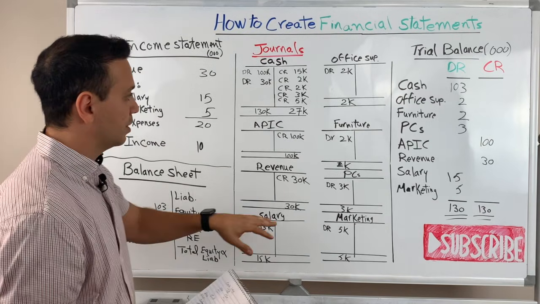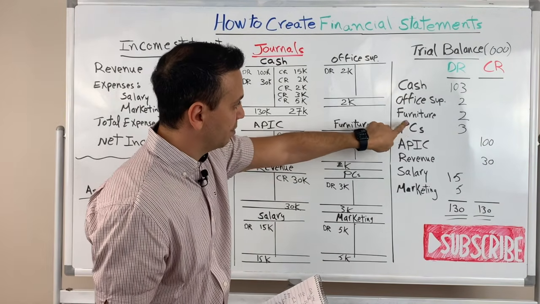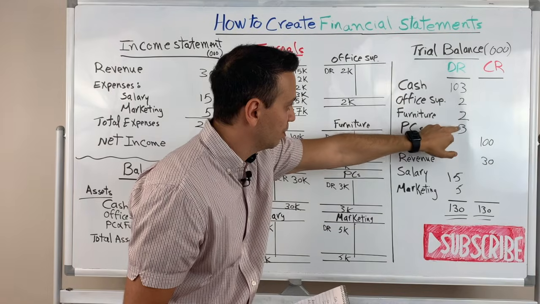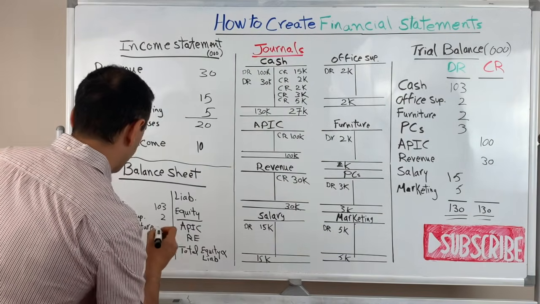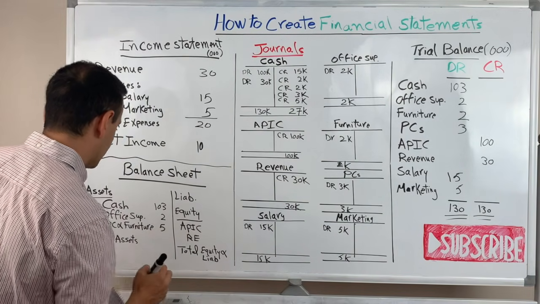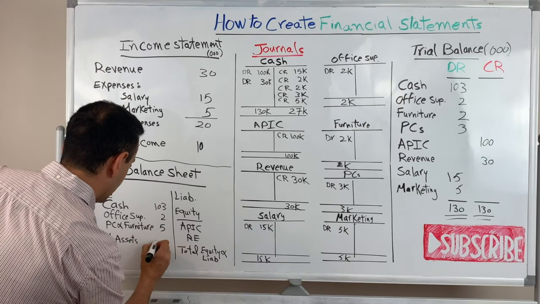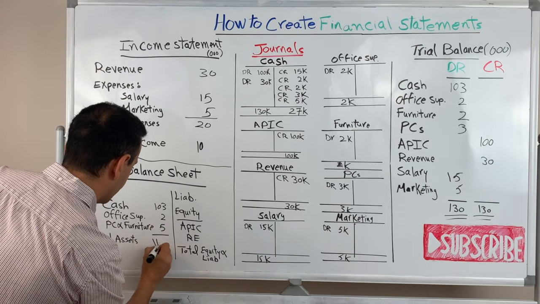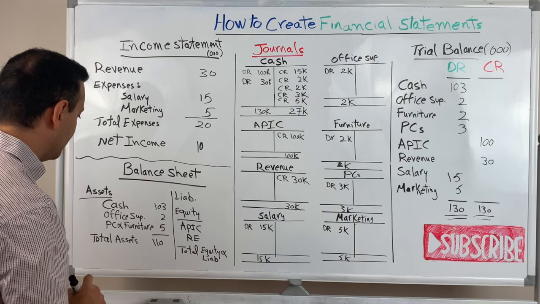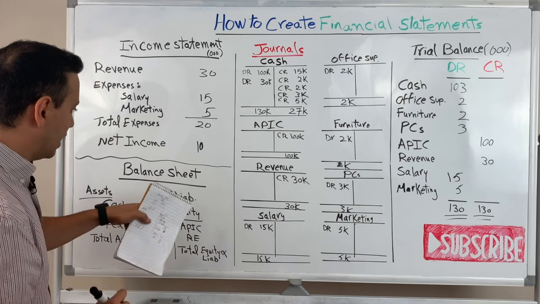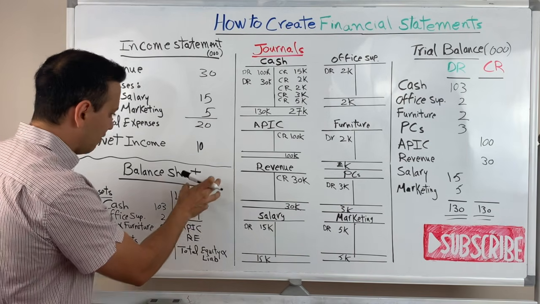PC and furniture, so we're going to sum together furniture and PC in one line item, so that would be 2 plus 3, that would be 5. That would give us total assets of 103 plus 2 plus 5, that would be 110K in total assets.